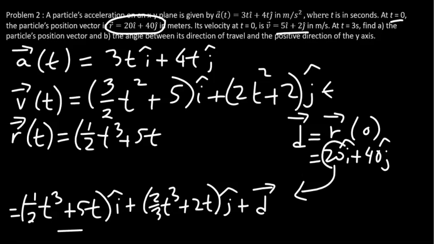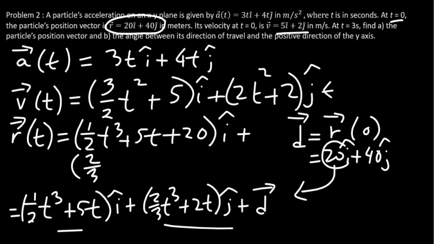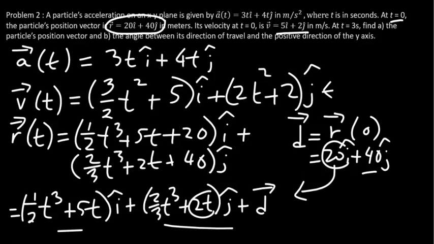There is 20 from that d vector, so let's not forget that 20 i hat. Now the j hat is the rest, so that's going to be 2/3 t cubed plus 2t, that's this one, plus 40 j hat. And the unit for the position vector is just meters.